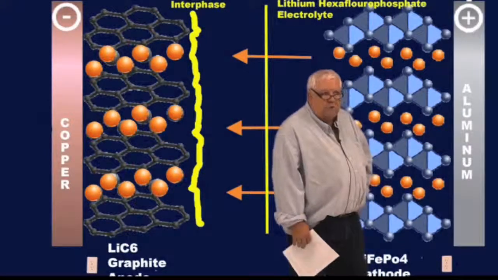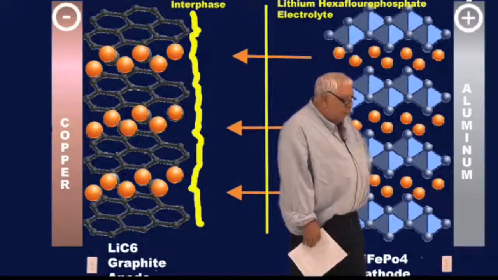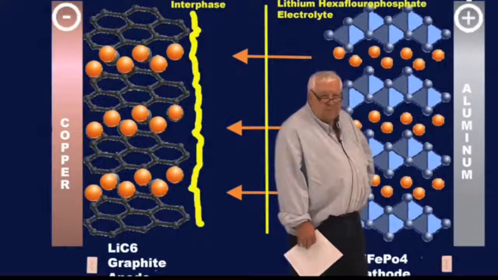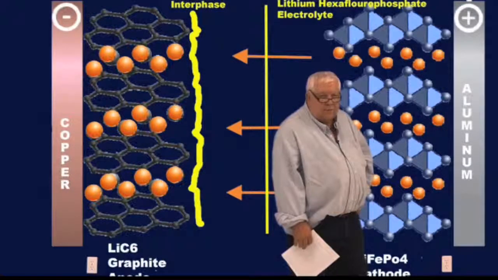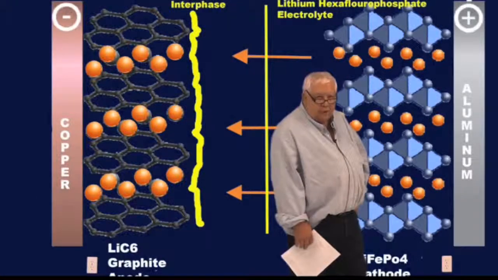You've all heard us talk about A123 batteries and their remarkable performance. What they did was shrink the lithium iron phosphate to some very tiny nano size. As you know, Richard likes nanos.